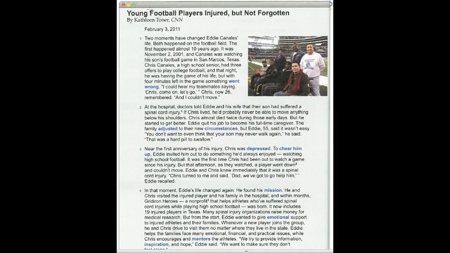Alright, now we're going to skim to look for what the text is about. Now, your textbook says that in order to skim, you just read the text as quickly as possible. But that's not really true. When you're skimming, you do not read every word. Okay?